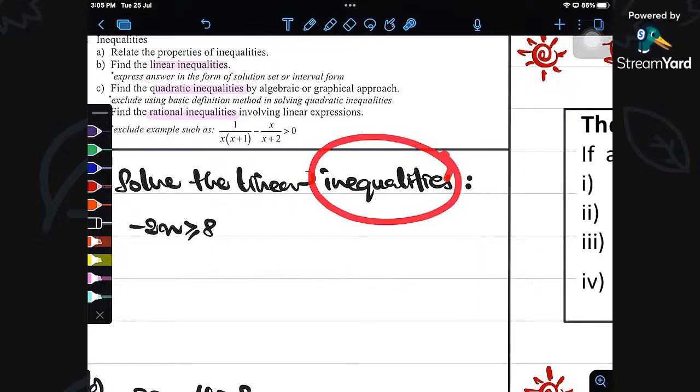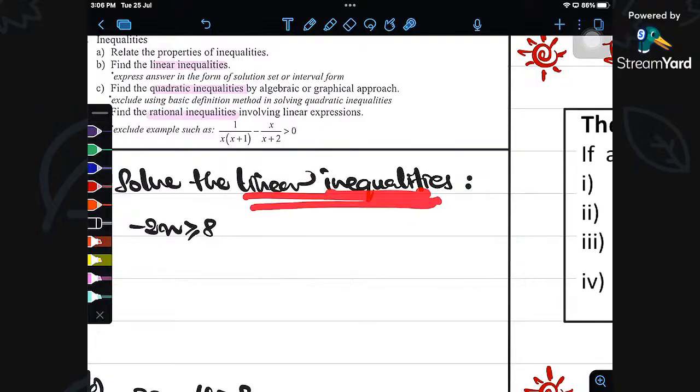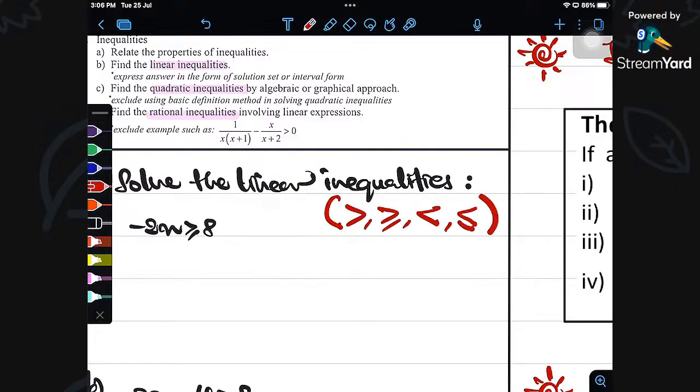The thing is, when you encounter a problem where they say this is linear inequality, you automatically already know that the problem will be in the form of more than or equal, or less than or equal. Is it clear?